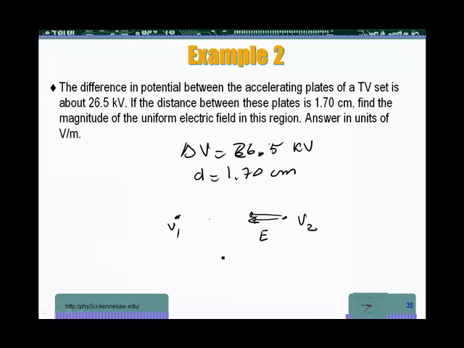So the work done by me is going to be QE times d. The change in electrical potential energy of the charge is going to be QE times d.